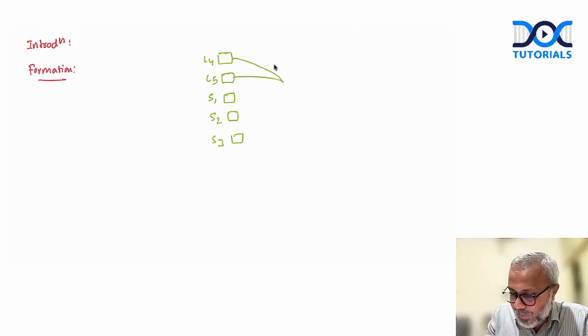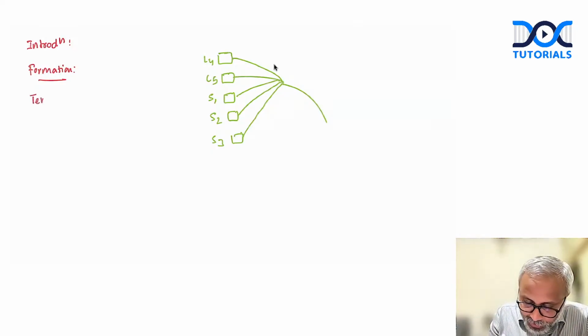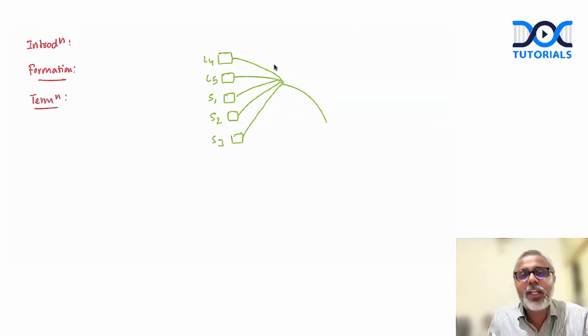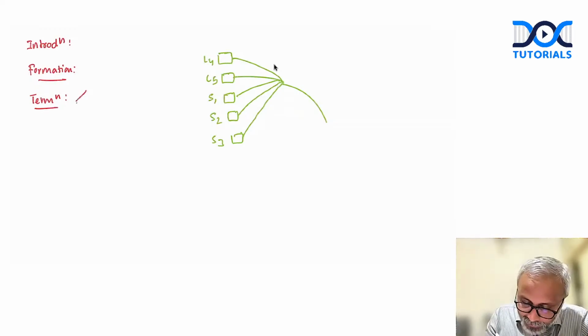L4, L5, S1, S2, S3 nerve roots unite to form the sciatic nerve. So this is regarding the formation. Then, how will the sciatic nerve terminate? Sciatic nerve will terminate in the back of the thigh by dividing into the common peroneal nerve and the tibial nerve.